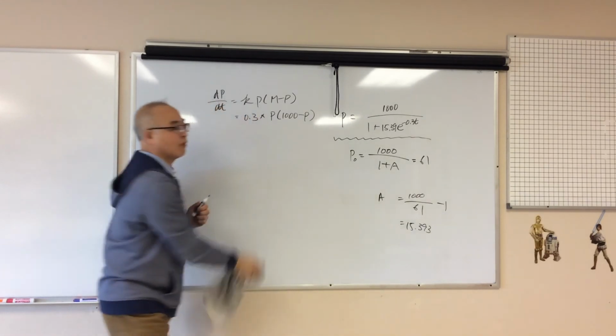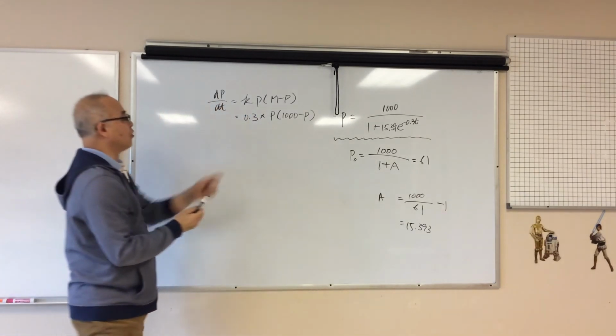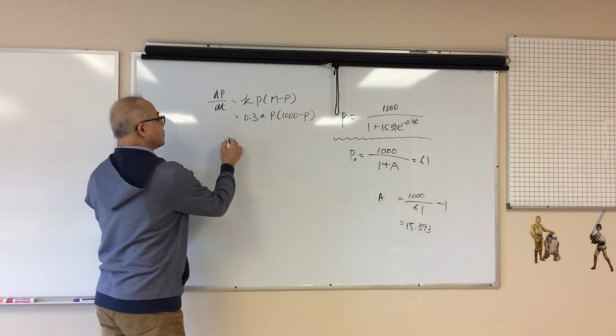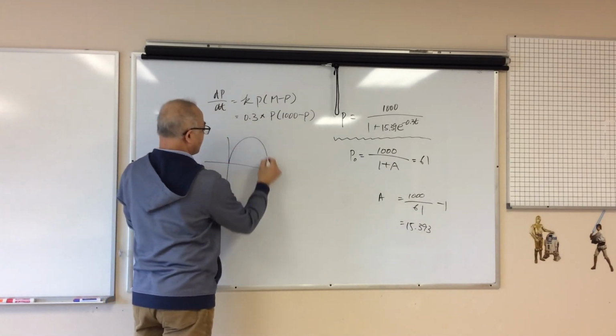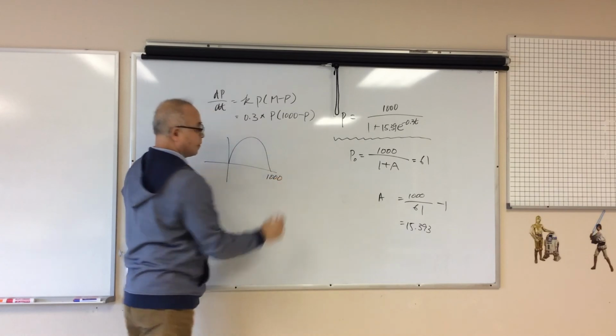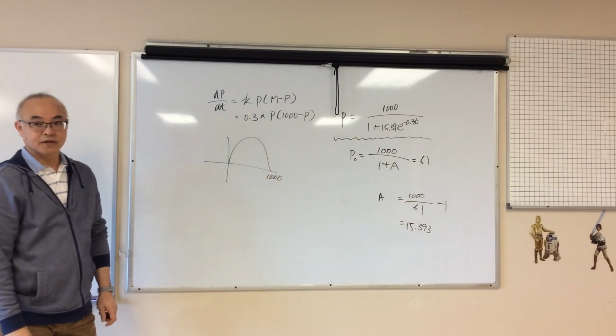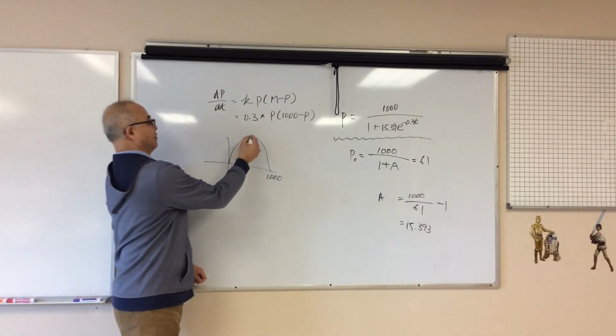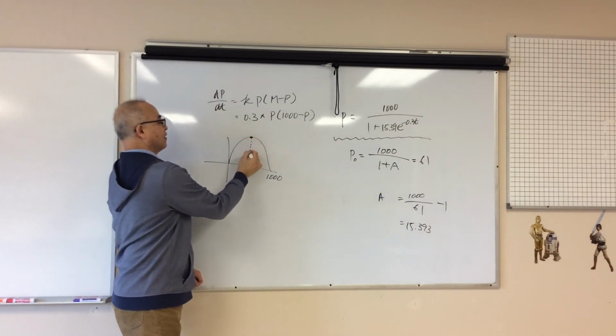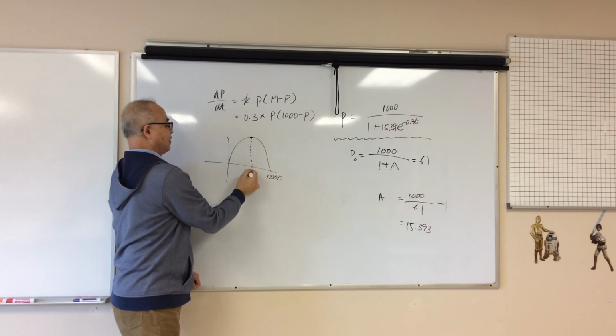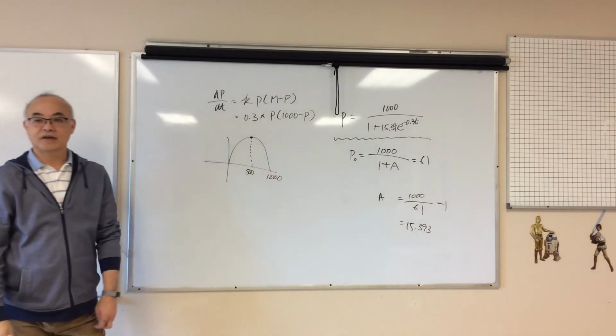So the rate of growth looks like this, which means that this is a function that looks like what? When does it grow the fastest? The top. When is it the top? 500.